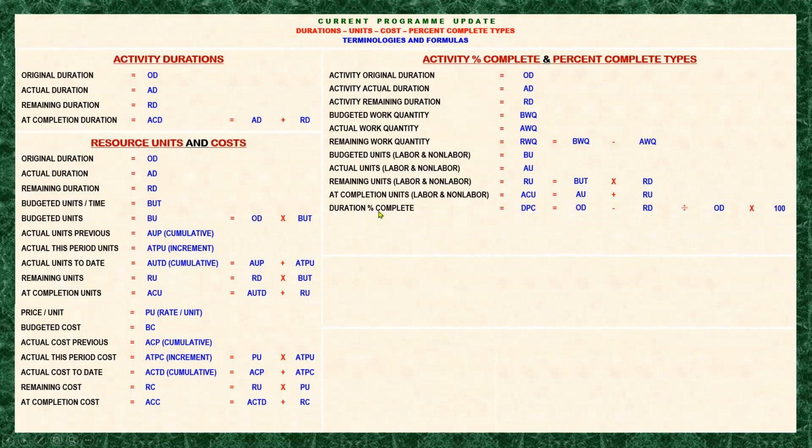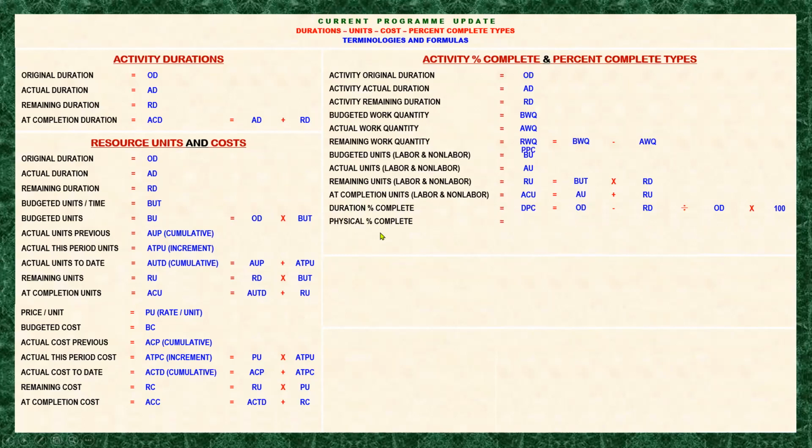First is the duration percent complete, which is the original duration less the remaining duration, and then divided by the original or planned duration, multiplied by 100 to get the percentage, okay?